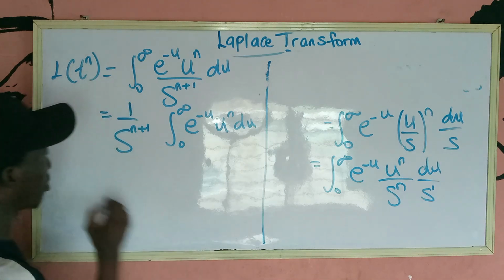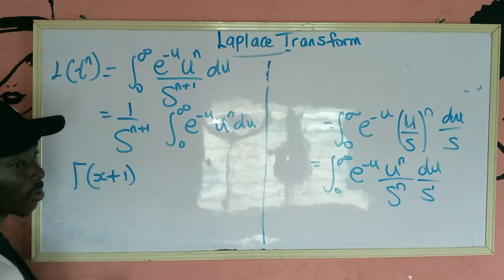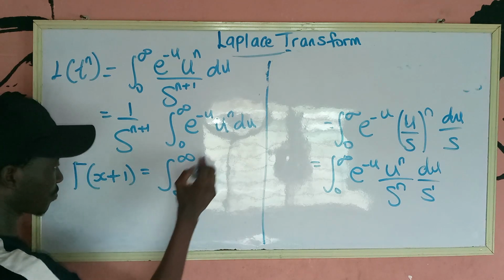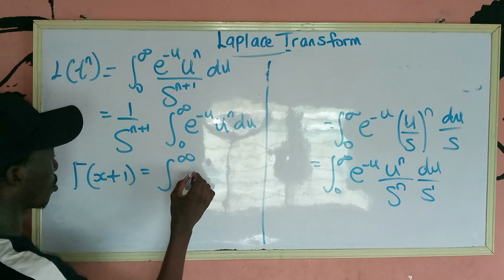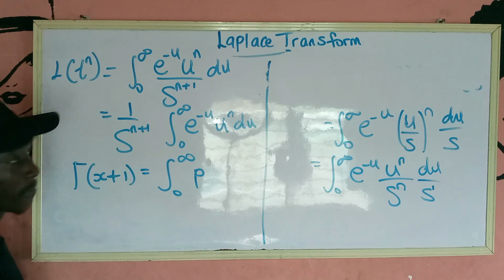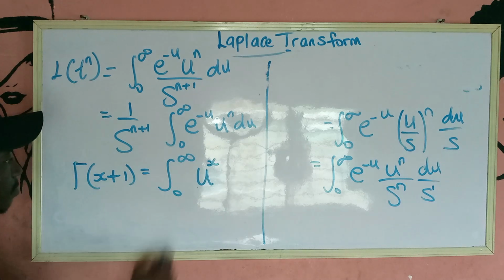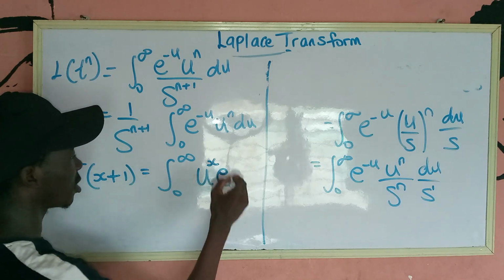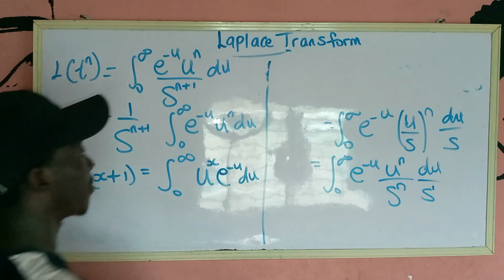The gamma function of x plus 1 is equal to the integral from 0 to infinity of u raised to power x, and then e raised to power minus u du. This is how the gamma function is defined in mathematics.